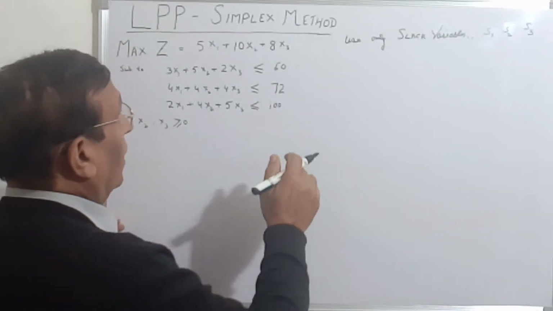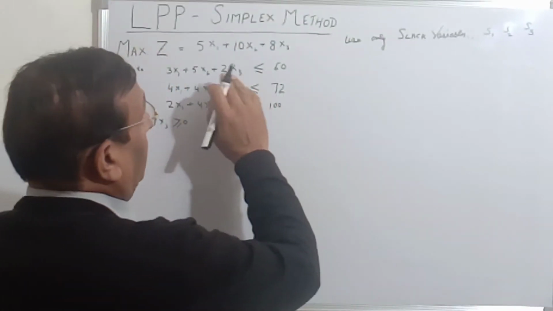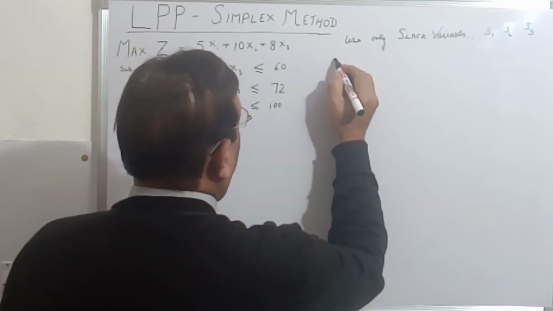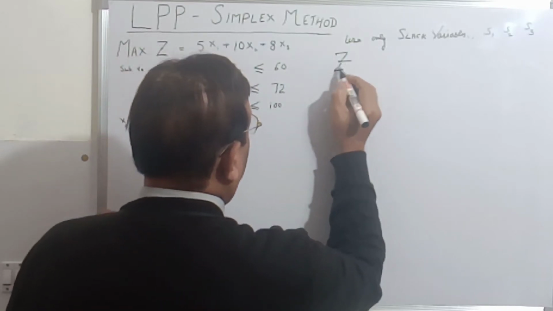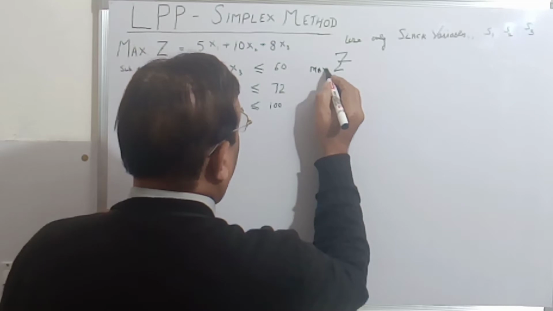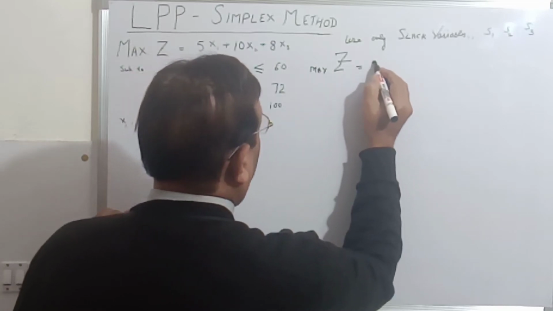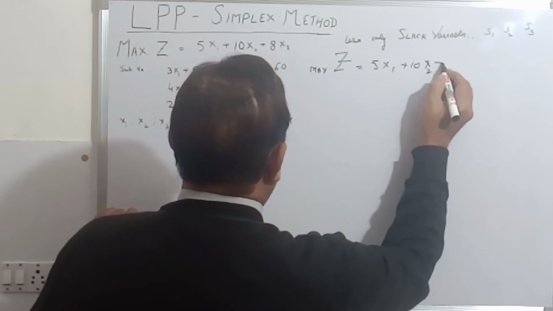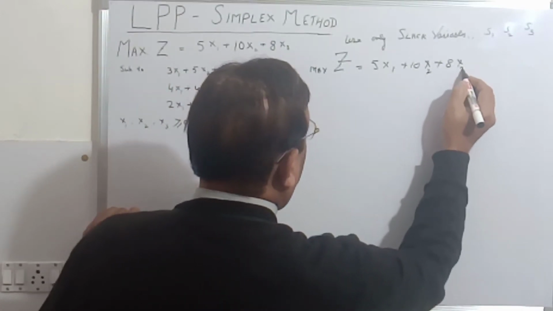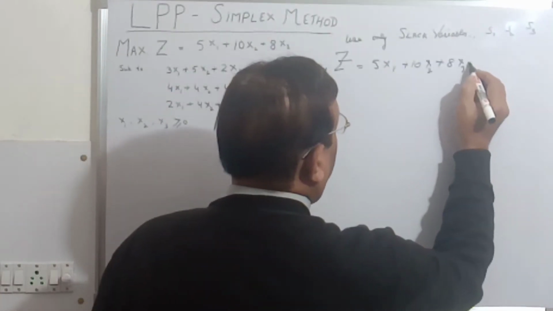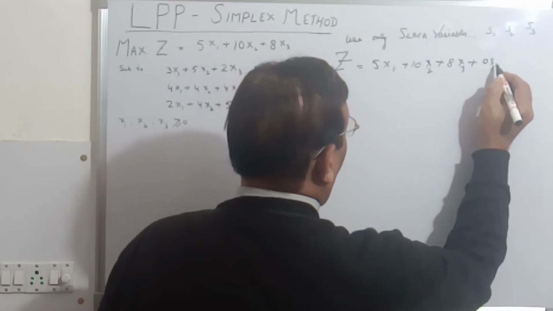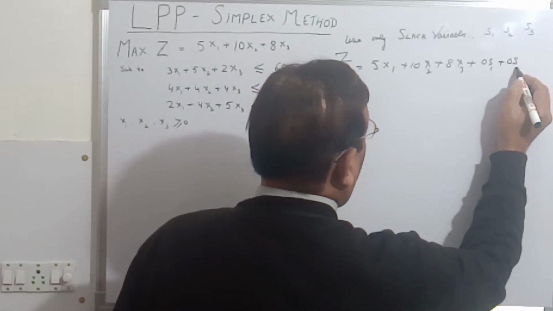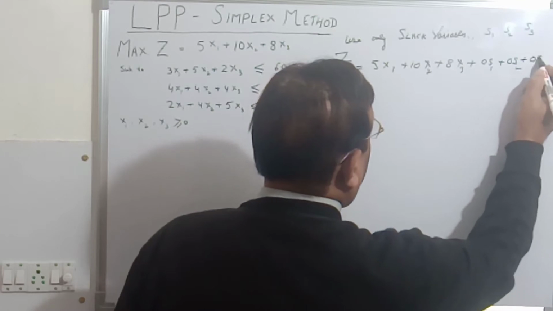How? Now, let me use these variables. So Z maximum is equal to 5x1 plus 10x2 plus 8x3. Then all the slack variables 0S1, 0S2 plus 0S3.